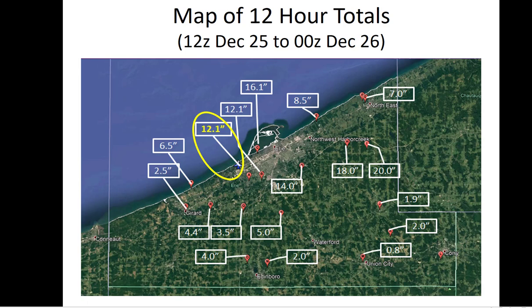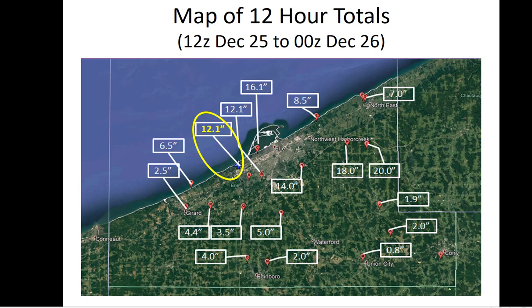this is the daytime accumulation over near the airport, which is highlighted in the yellow oval. Or a foot of snow, just over a foot of snow. There's extreme variability in that county, you can see, ranging from half a foot to 16 inches near the city of Erie, 18 inches a little further east, and then basically a little more than a trace in the southern edge of the county.